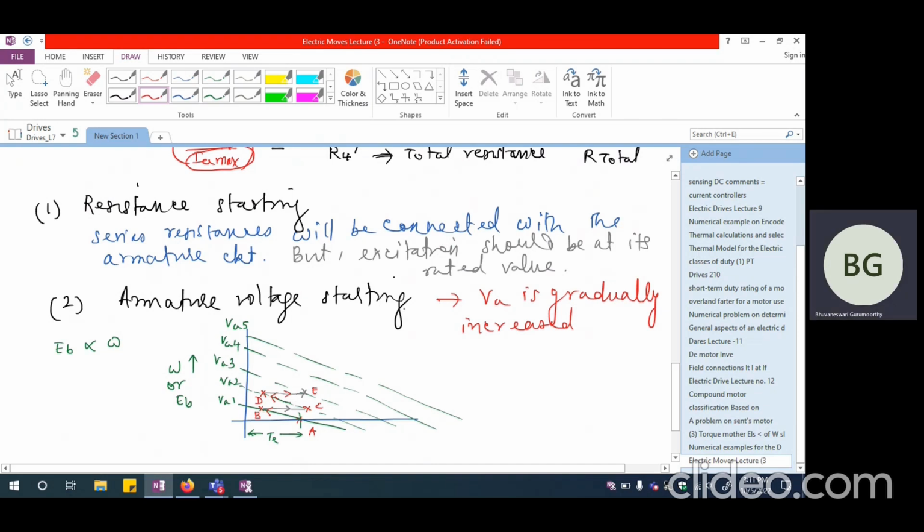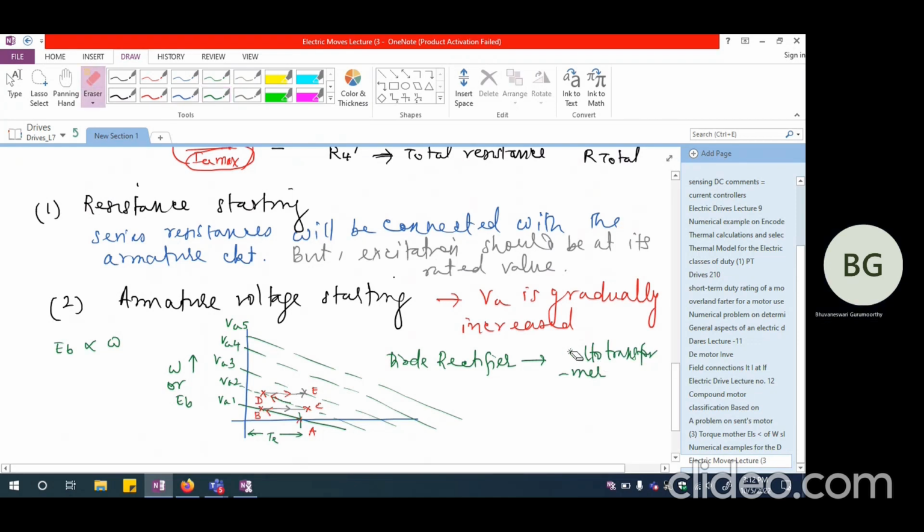But in armature voltage control, the armature voltage being applied to the DC motor requires either a diode rectifier with an auto transformer or tap changing transformer. So you might require an auto transformer or tap changing transformer.